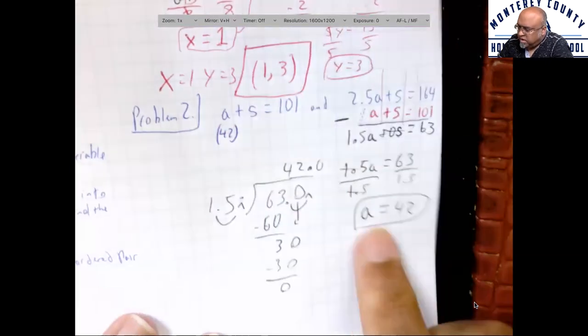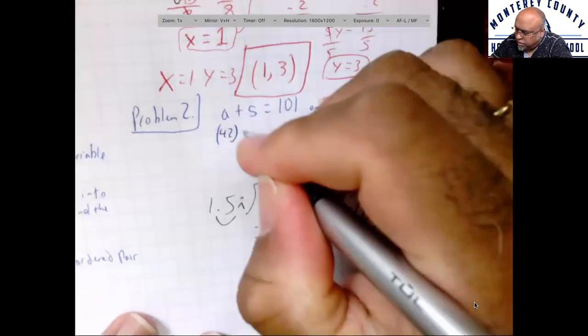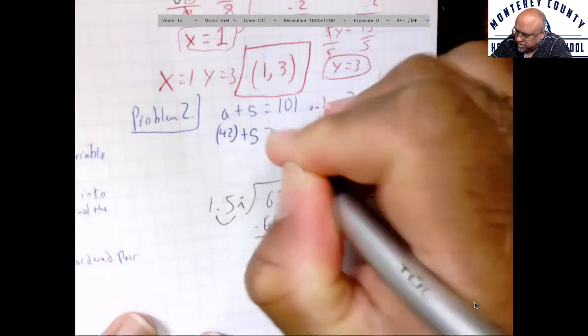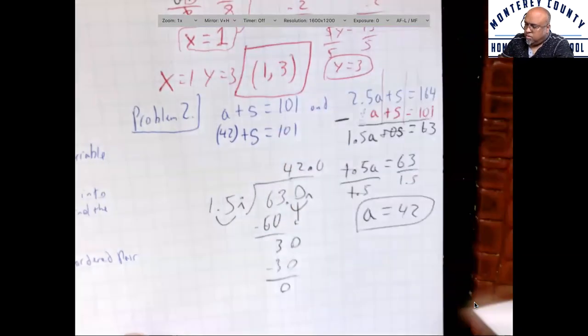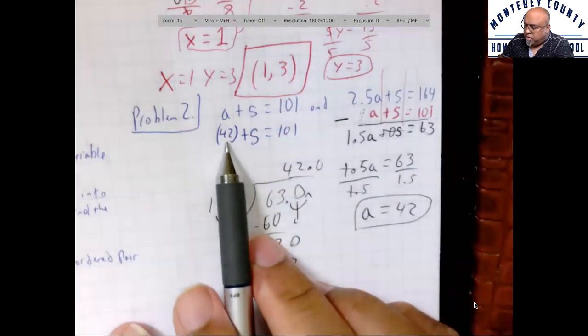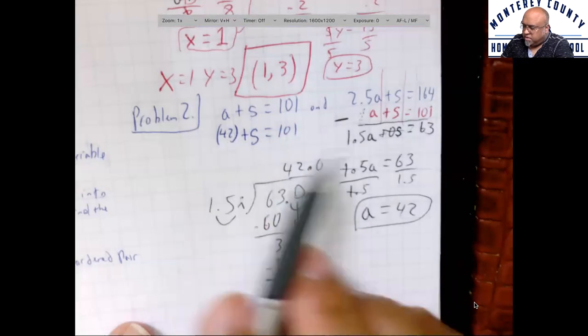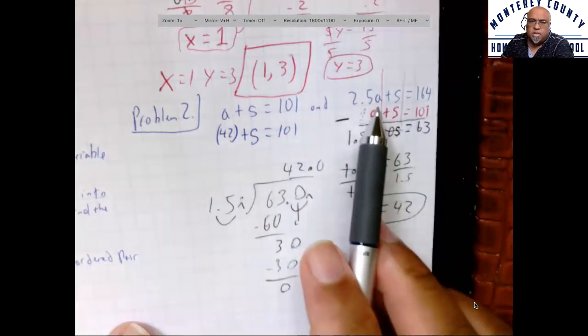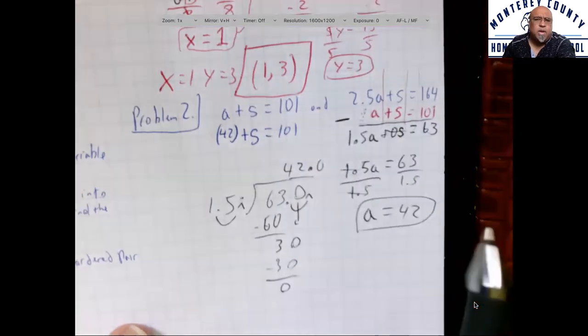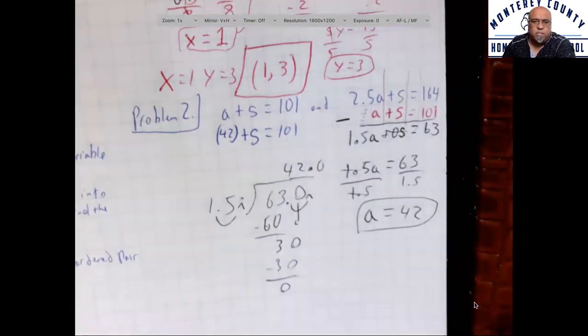Since we know that a equals 42, then I can go 42 plus s is equal to 101. Why? Because I don't have to multiply 42 by anything. If I substitute it into this equation, then I've got to go 2.5 times 42, and I'll still get the right answer, but it's just going to take me more time.